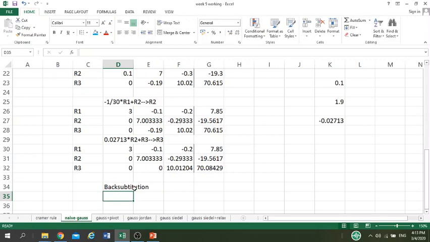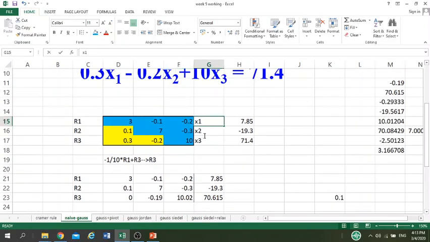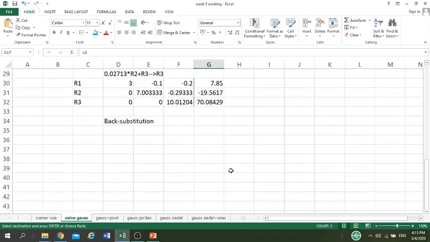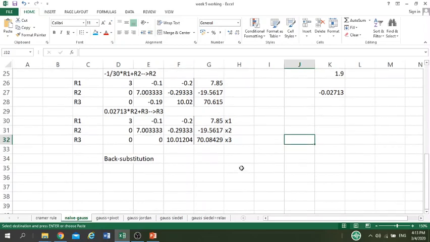Back substitution. Remember, these are the unknowns that we have to find out. Here we can start doing our back substitution.